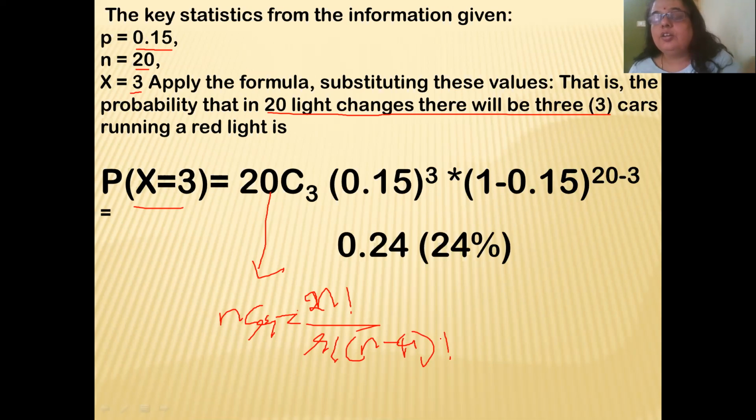In my earlier video, I covered the concept of combination. Those who have not understood how to use 20C3 so far, go to my YouTube channel and refer to the video on use of combination concepts. You will understand very clearly. So the answer is 0.24, that is equivalent to 24%.